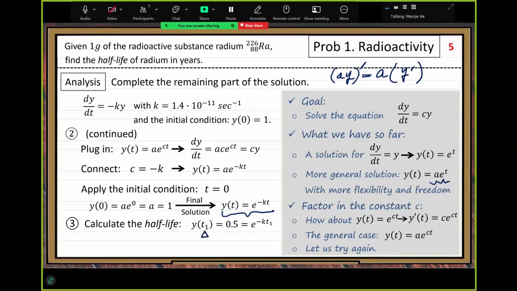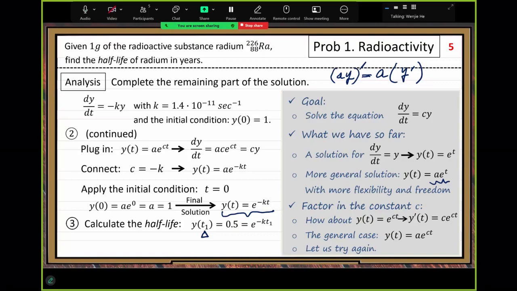Half-life appears at a certain time, so we want to determine that time. That time we call T1. T1 corresponds to the half-life, 1/2 of the amount.